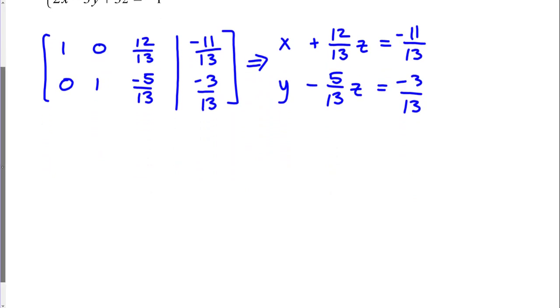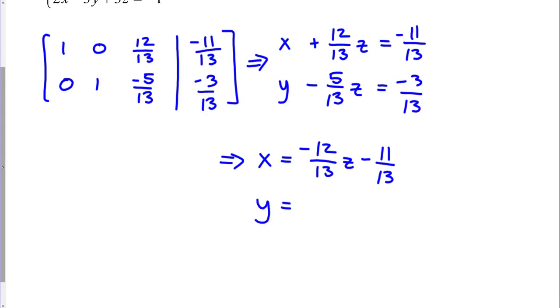And when I convert that, I get x equals -12/13 z minus 11/13, just moving the z term to the other side. Y equals positive 5/13 z minus 3/13, and z equals z.